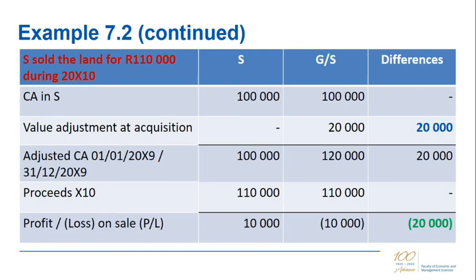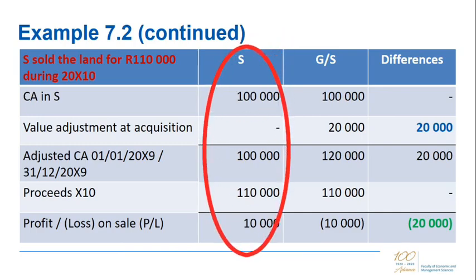Let's now apply the suggested work method to identify any differences for which we have to write consolidation journal entries. In the separate financial statements of the subsidiary, being my starting point, no value adjustment was made at acquisition date. The land was sold and a profit was recognized of 10,000 Rand.